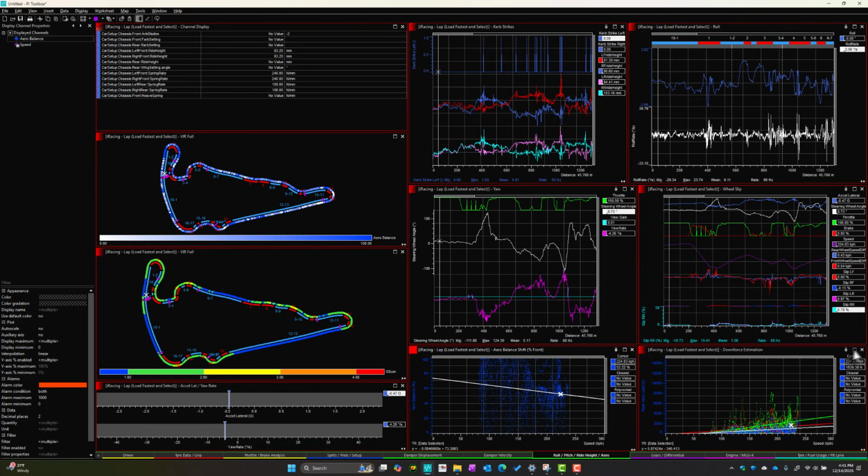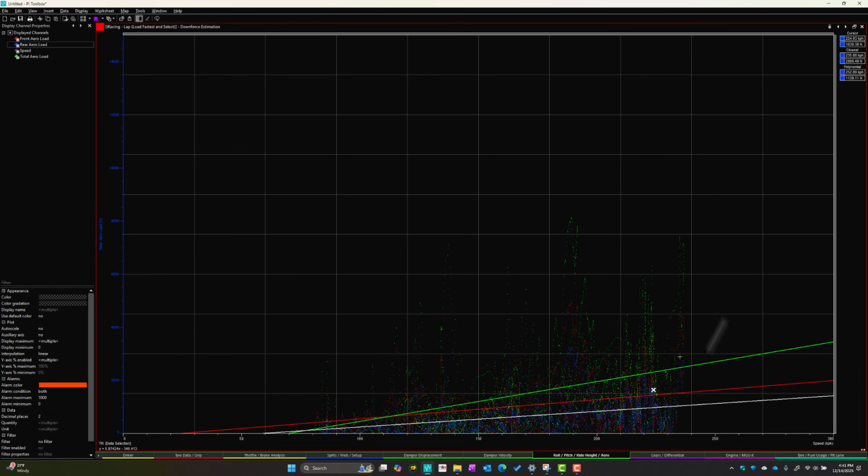And then this next one is really neat because they actually give you front, rear, and total. You can see it over here, front Aero, rear Aero versus speed and total Aero load. Again, I'm just going to click on the chart and use the arrow keys to go up and down. So the front Aero is the red line. You can see the front Aero starts out at a much higher value than the rear Aero, which is the blue line.